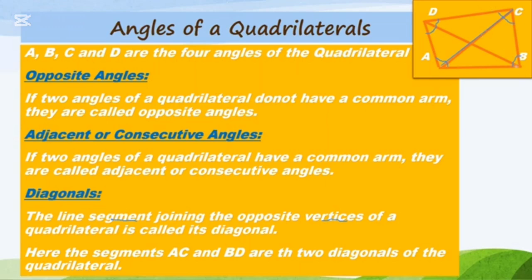In the same way, the line segment that joins the two opposite vertices B and D is called the diagonal of the quadrilateral. So BD and AC are the diagonals of quadrilateral.